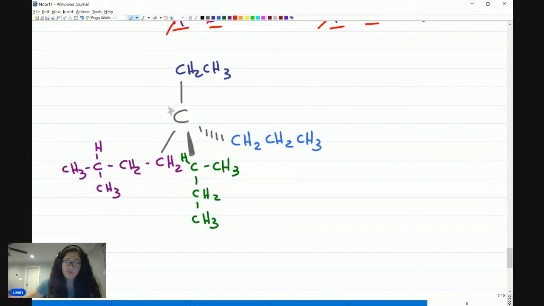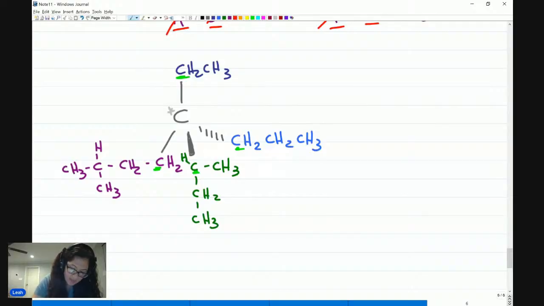To rank substituents, we have to start with the atom directly attached to the chiral carbon. And so that means I'm comparing carbon to carbon to carbon to carbon. Well, carbon to carbon is the same exact atom. That means I cannot compare them. That means I have to do something else.